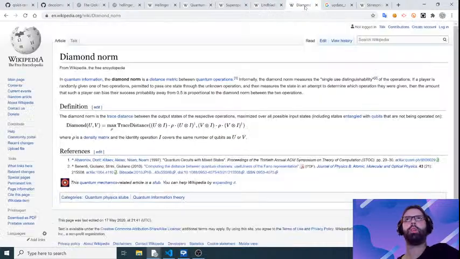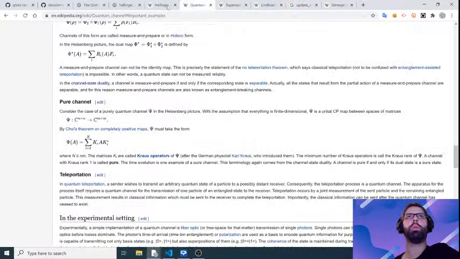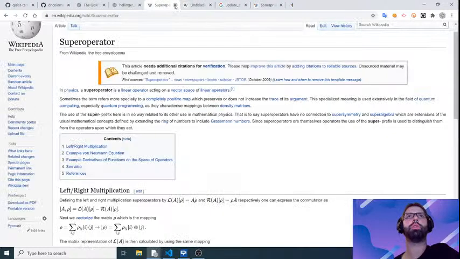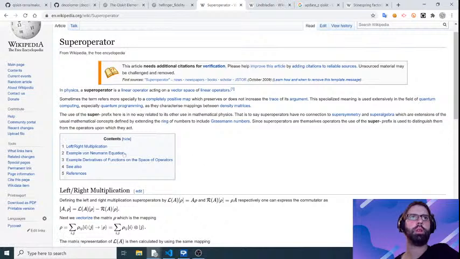Diamond norm, I forgot that already. I think this was the distance between quantum operators. Yeah. Then the quantum operator, the Hellinger distance. Okay, we know this. Super operator is what was still not completely clear. It acts on a vector space of linear operators. Okay.